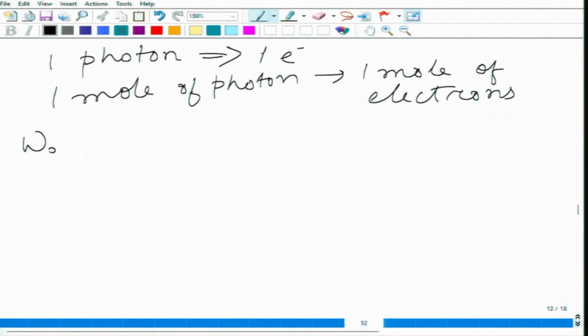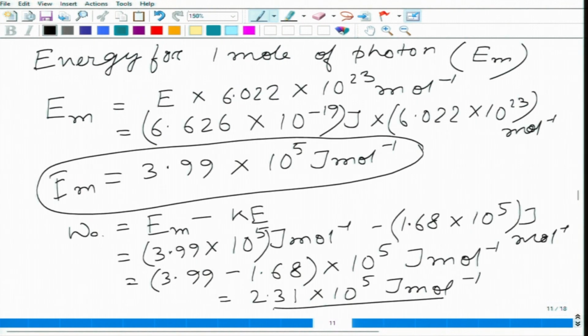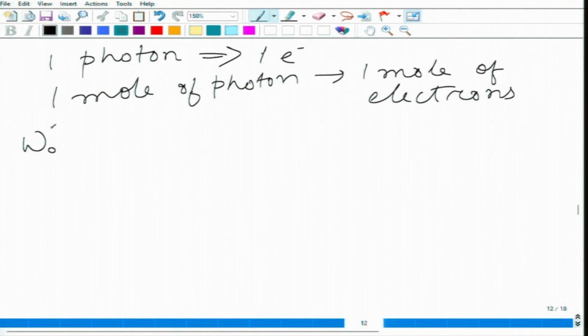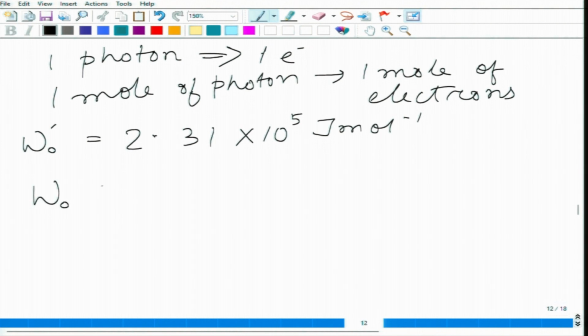So, now we have, let's consider this as equal to 2.31 into 10 to the power 5 joule per mole. So, what will be the work function? That is the minimum energy to eject 1 electron.